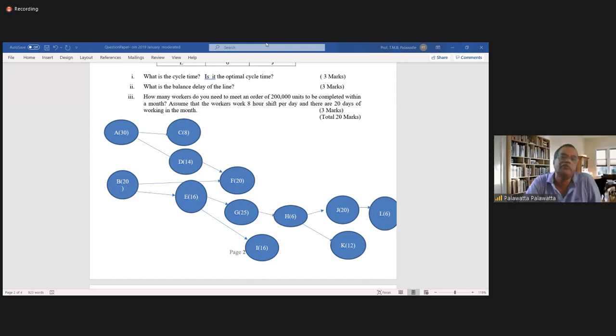With 20 days, they produce 19,200 units.